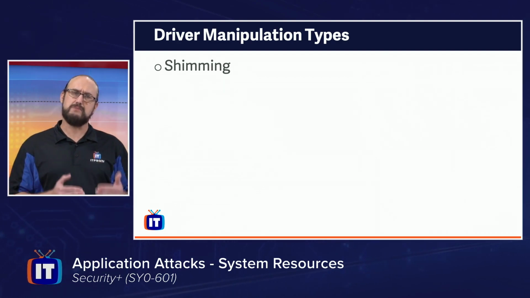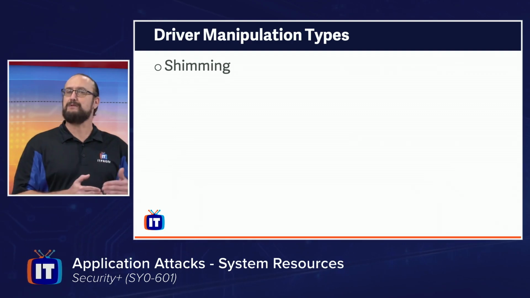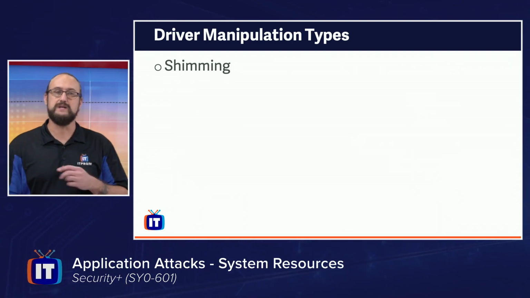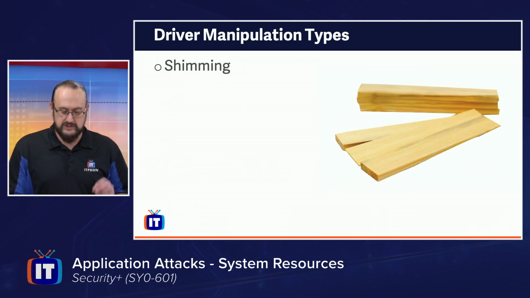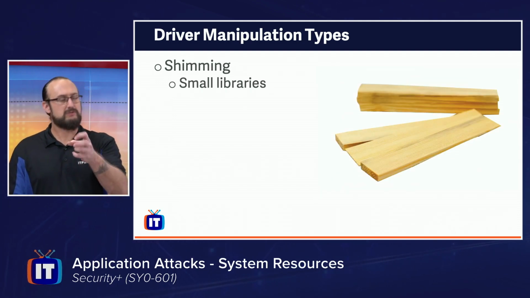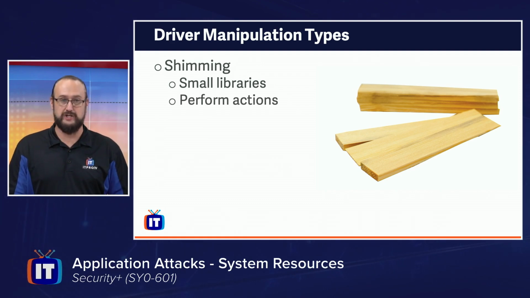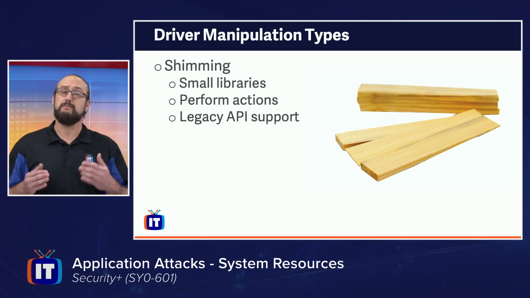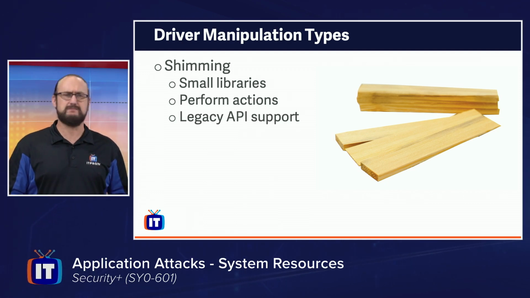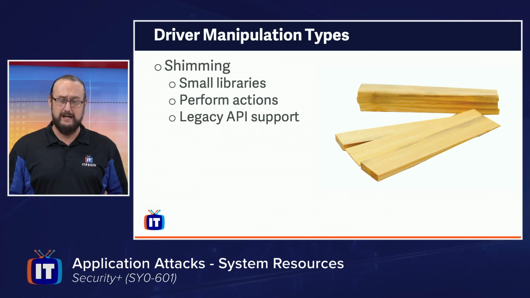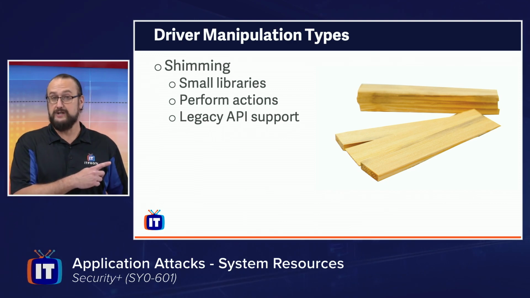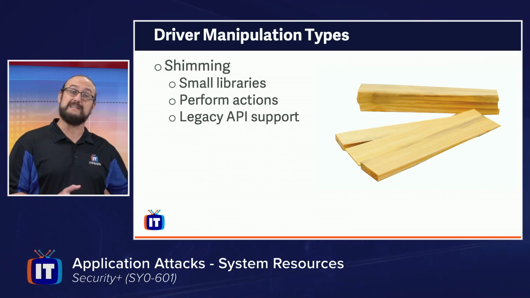Well, those drivers might not be functional, an application might not be functional, so what we need to do is we need to make slight modifications, little shims, create these little small libraries that perform some kind of action, and a lot of times it's done for backwards compatibility, supporting some kind of legacy API. Again, they do it in drivers sometimes to even talk to legacy-based hardware.